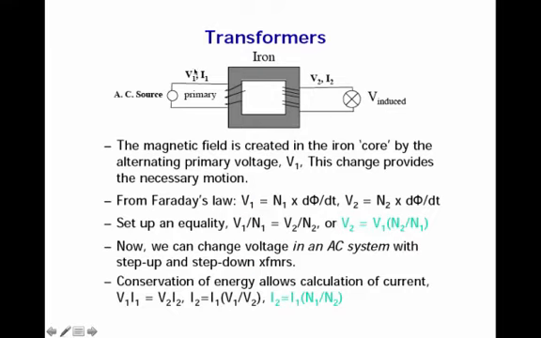So if we hook up a DC power supply here, well, one, we will melt the wires with all the current that will flow, but we'll get no voltage on the secondary coil, only a big spike when we first hook it up, because that will make a changing magnetic field. And so we understand then, in order to make a transformer work, to change the voltage from V1 to V2, we need AC.